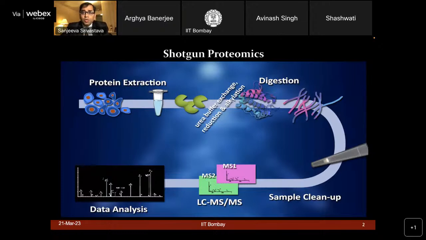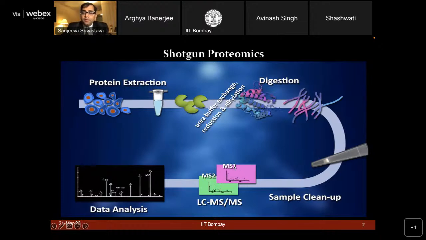So shotgun proteomics, as you can see in the slide here, simplifies proteome-scale investigations. Take your cell lysate, tissue, or any biological sample, prepare the lysate, and perform urea buffer exchange, reduction and alkylation steps, followed by digestion with the trypsin enzyme. Those digested peptides, which also have buffer components and salt, you want to clean up through desalting using zip tips.